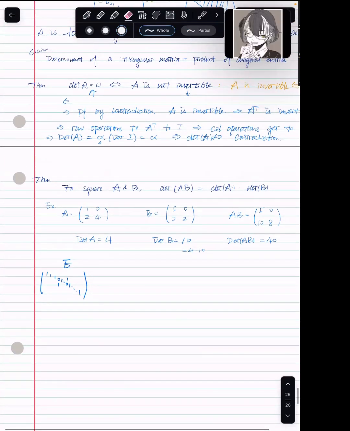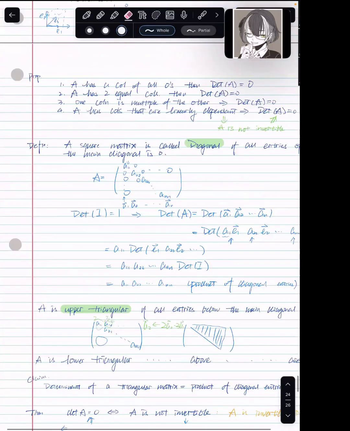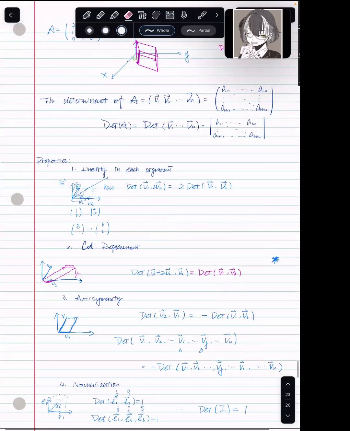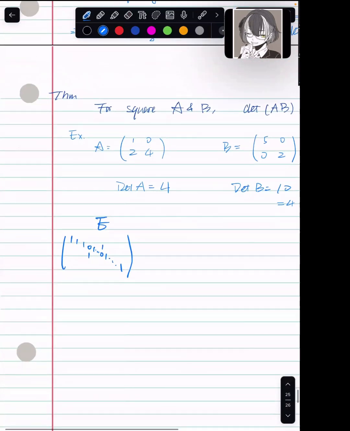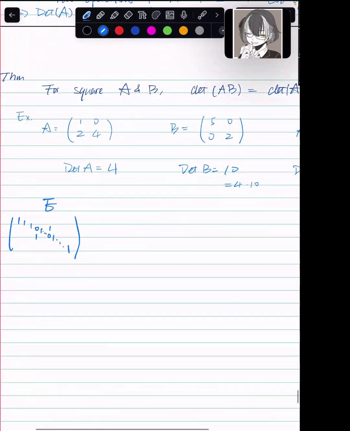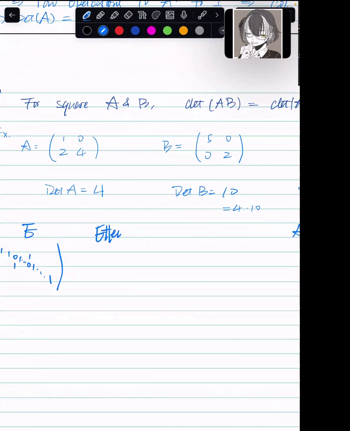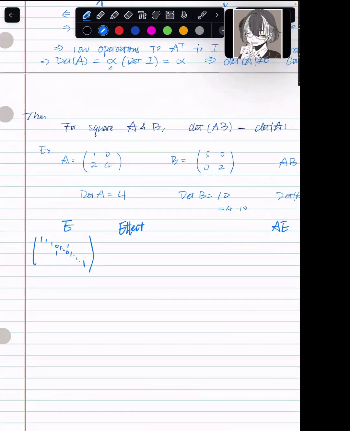Here, when we talk about the determinant properties, when we do this column operation, we have an E here, and AE is what we want for the column swap effect.